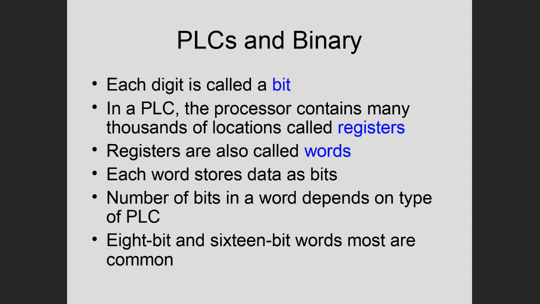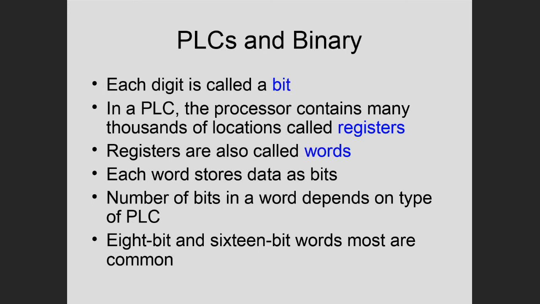So each word stores data as bits, and when you store information in a digital device, you're storing those zeros and ones in registers. And so the size of the register becomes important because that determines the amount of data that you can put into a particular machine. And the last bullet point says 8-bit and 16-bit words are most common. Word size, the number of bits in the word, is machine dependent.